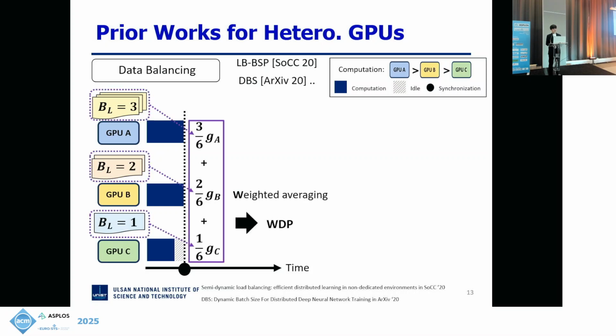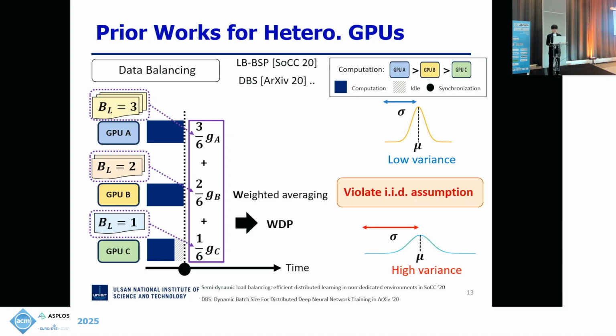In addition, they proposed a weighted averaging technique to avoid biased gradient. We call this work WDP hereafter. However, it does not consider different gradient variance from different sample size. So, it violates independent and identical distribution, in short IID, which is a fundamental assumption of distributed SGD algorithm.